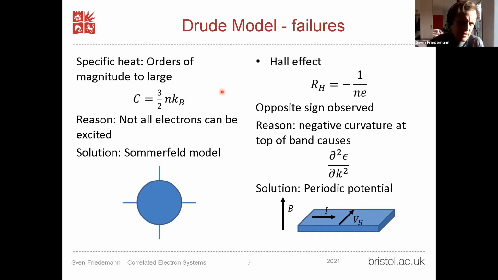Experiment tells us that the specific heat in metals at low temperatures is much, much smaller than that, orders of magnitude smaller. So what that means is that not all the electrons are contributing to the specific heat, and it's only a few electrons that contribute.